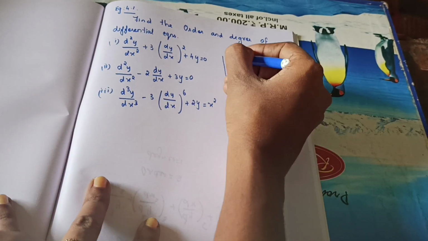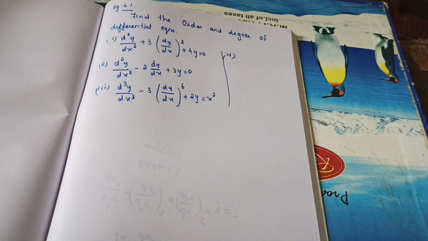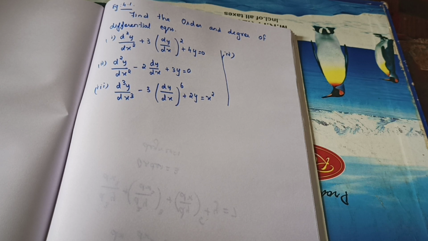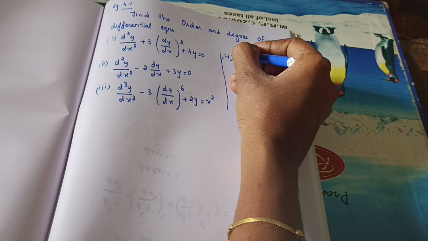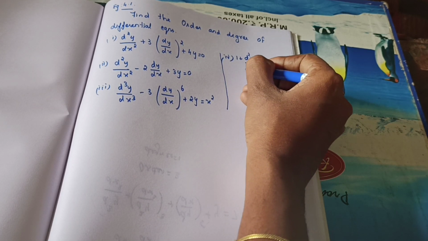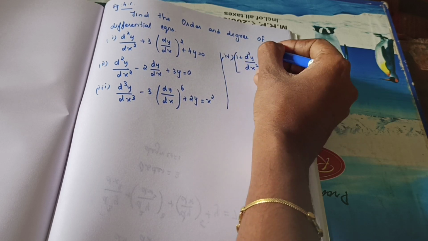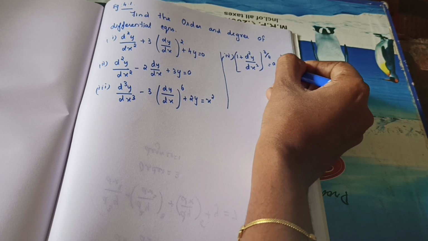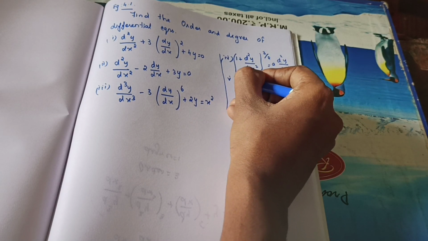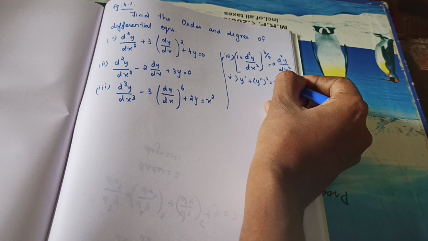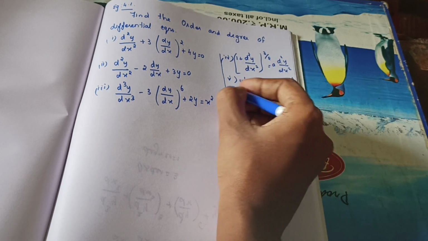Then fourth one is 1 plus d square y by dx square the whole power 3 by 2 equal to a into d square y by dx square. Fifth one, y dash plus y double dash the whole square is equal to x plus y double dash the whole square.